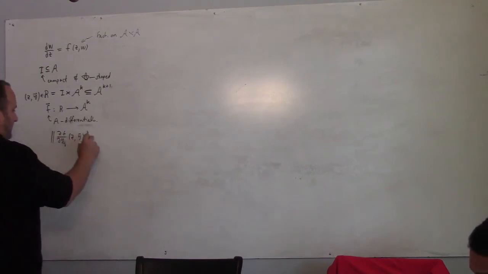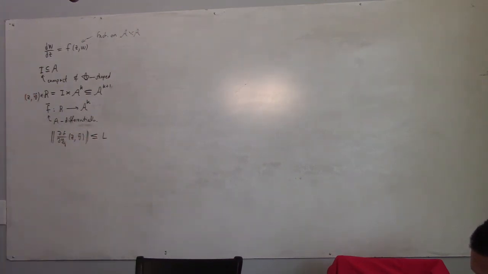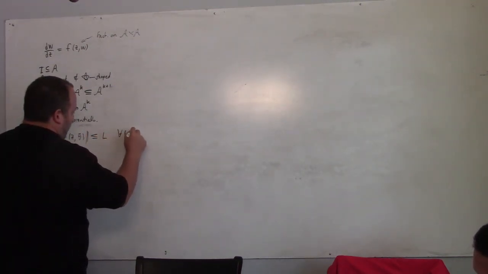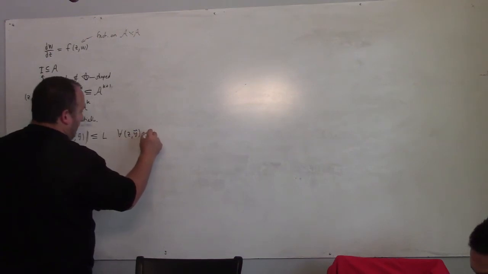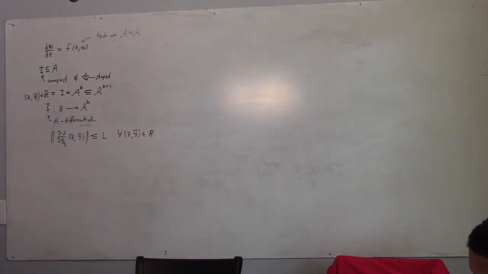The norm of that is less than or equal to L. And that's for all z comma y vector in R.